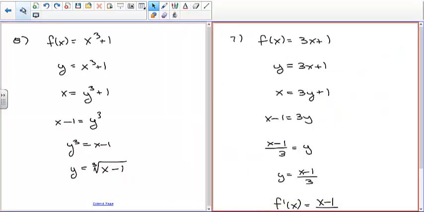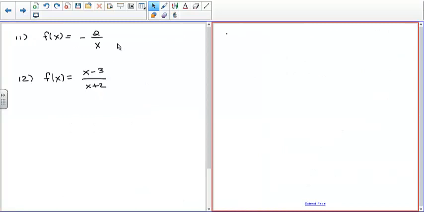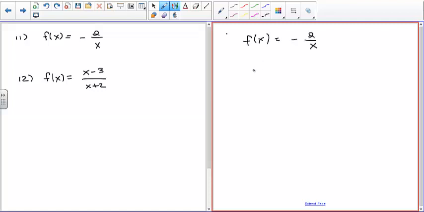Okay, the last two problems, here they are. So analytically, you've got f of x equals negative 2 over x. So y equals negative 2 over x. Switch x and y. Solve for y. So you get y is equal to negative 2 over x.